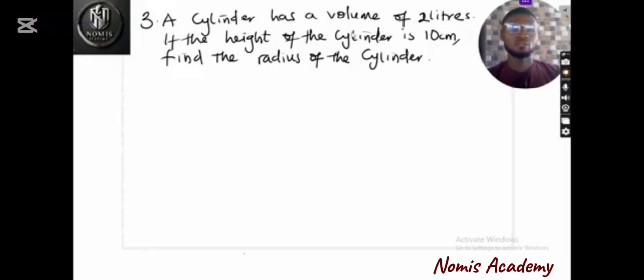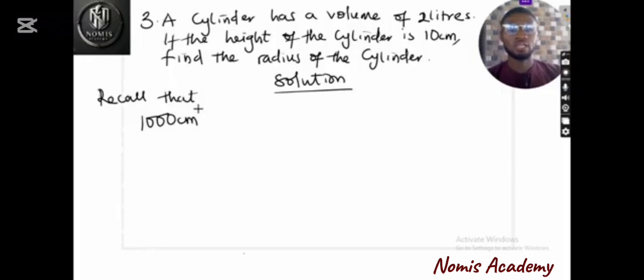The unit of the volume and the unit of the height are not the same. So we have the height in centimeter and we have the volume as 2 liters. So for us to make our calculation simple and correct, we need to convert this liter to centimeter cube. So let's go into the solution. I will ask you to recall that 1000 centimeter cube is equal to 1 liter.